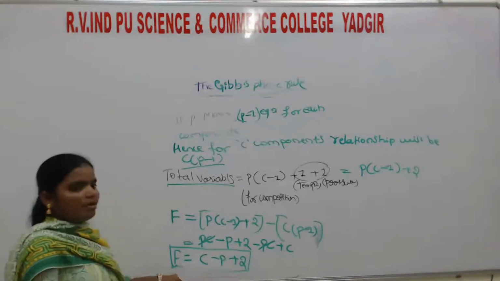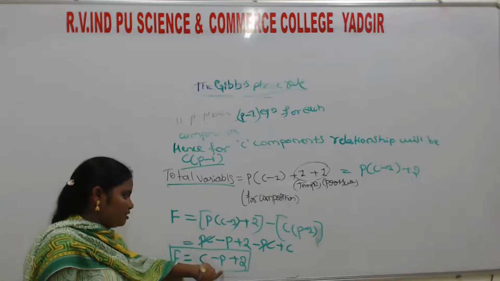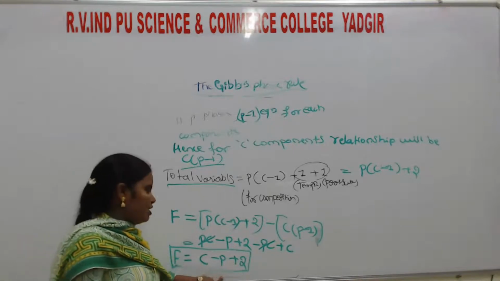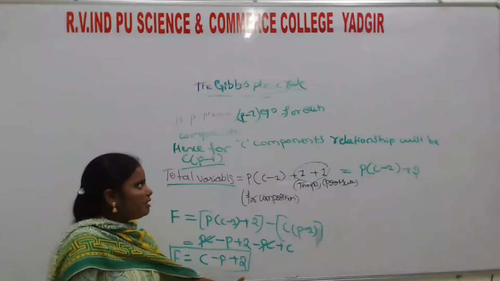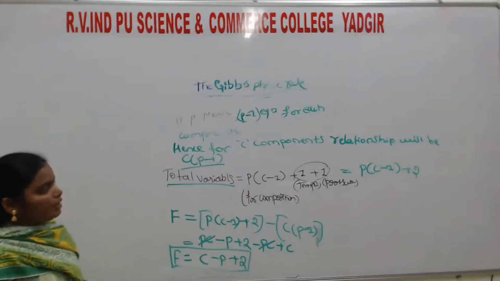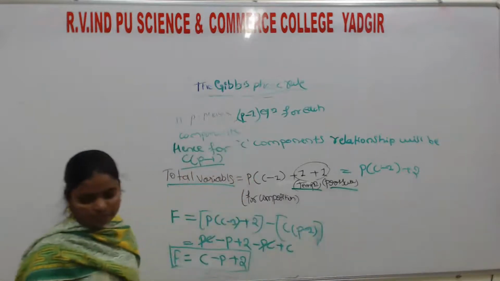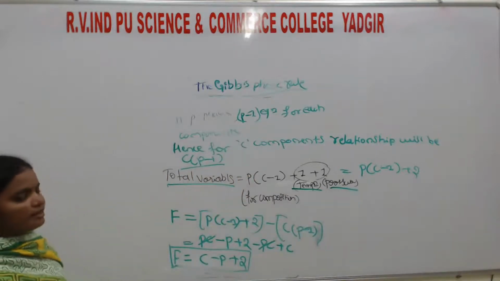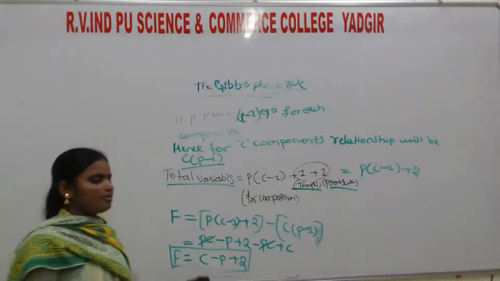Here F is the degree of freedom, C is the number of components, P is the number of phases, and the 2 is the variables, that is temperature and pressure. This is the derivation for the Gibbs phase rule equation.